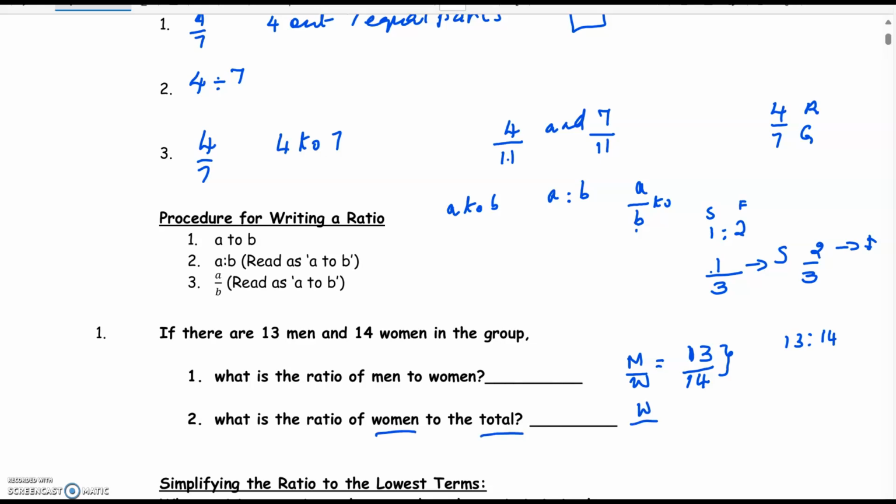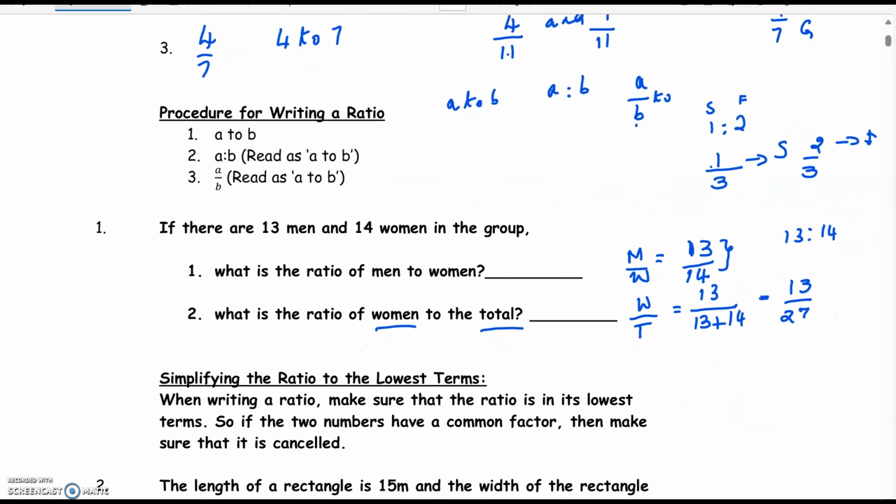So there are 13 women and a total 13 plus 14, and that's equal to 13 to 27. So if there are a total of 27 people, 13 of the 27 are women, and men to total is 14 to 27.